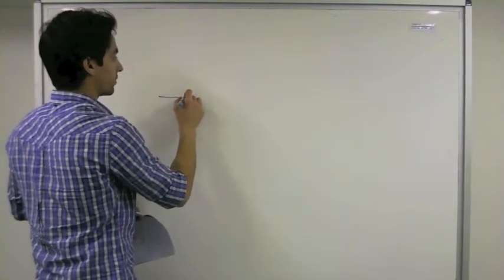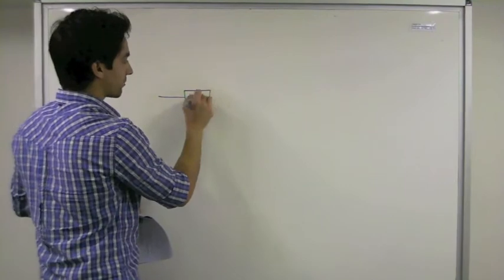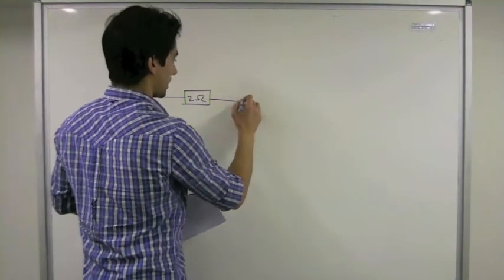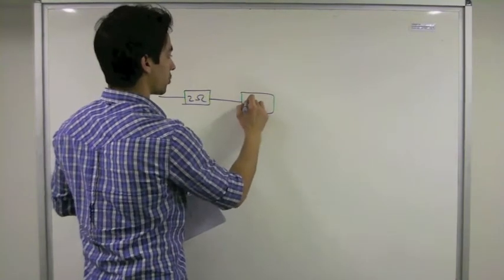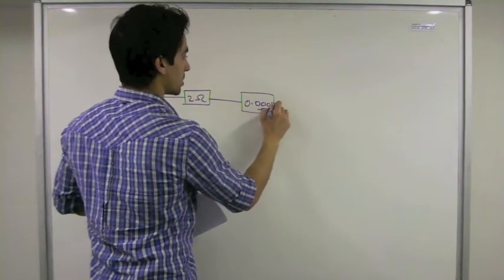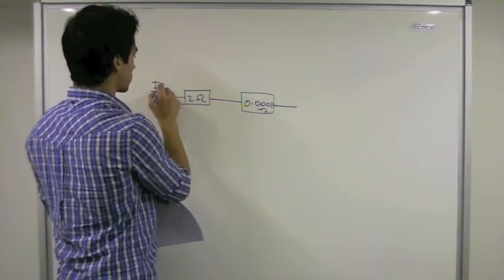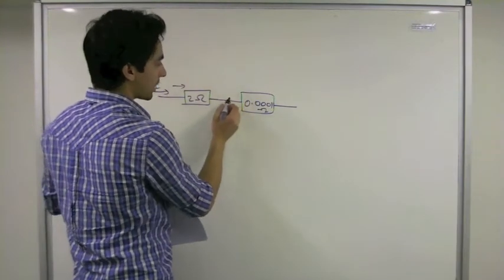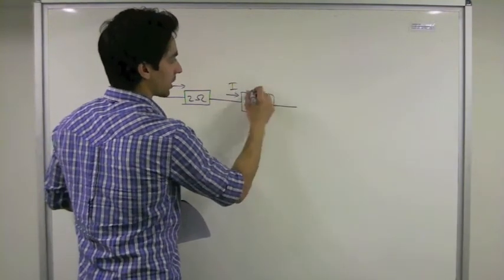Now, if I have 2 ohms here and I have 0.0001 ohms here, there's current I flowing through this, and also across this there will be current I flowing.